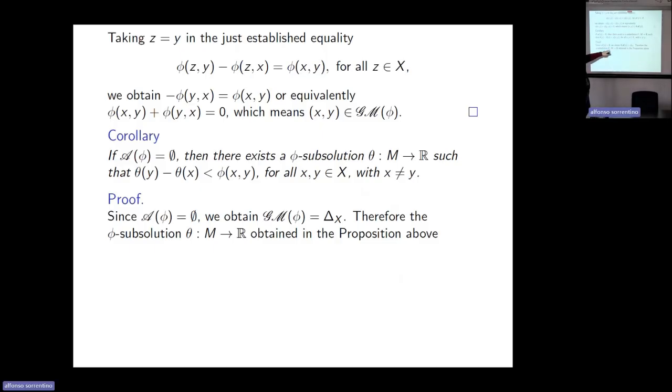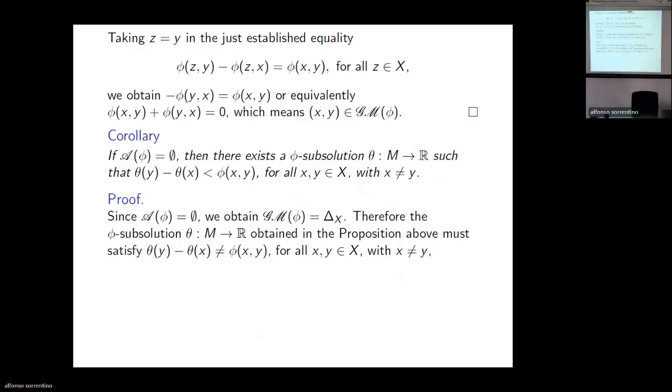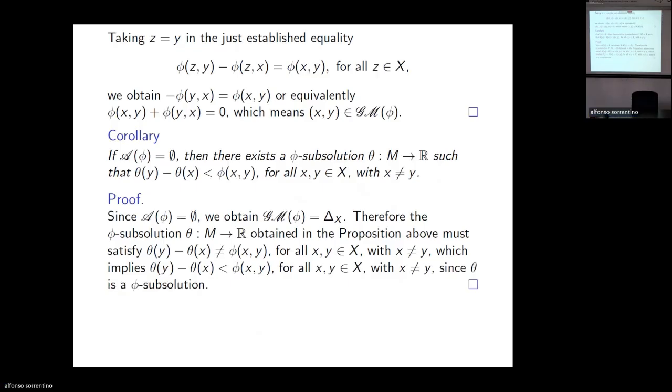Because this tells us that the graph of the mother relation is just the diagonal, and therefore the proposition above must satisfy theta y minus theta x is different from phi xy when x is different from y. Okay. And that's it for today.